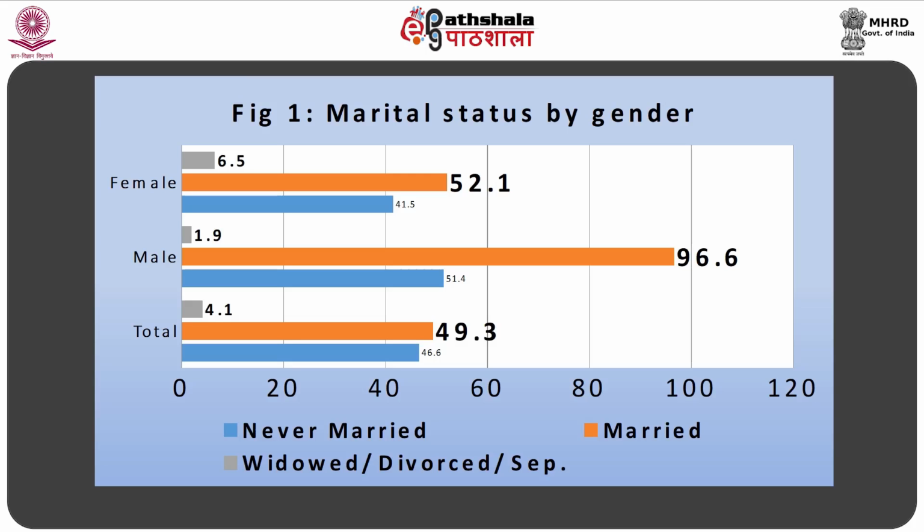Figure number 1. Marital status by gender. In this, marital status by male, female and total is given. 52.1% of females are married, 96.6% of males are married, and in total 49.3% are married. Rural-urban wise, there is disparity in marital status in India. However, the percentage married is higher in urban areas than rural areas.